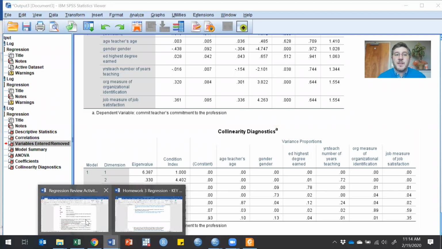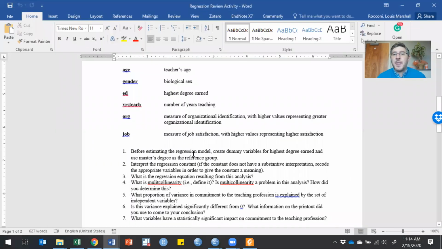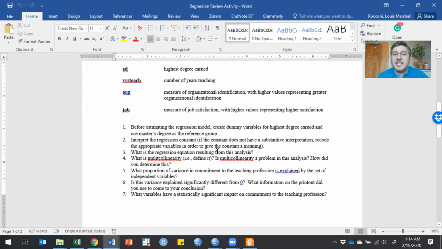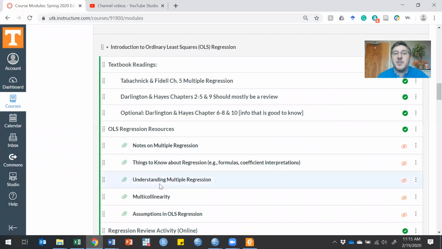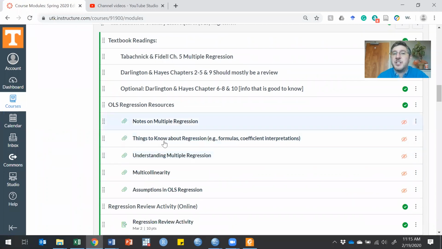So I just talked through a quick intro into how you'd interpret an OLS regression analysis in SPSS. Be sure to check out Canvas for a lot of good information on SPSS.